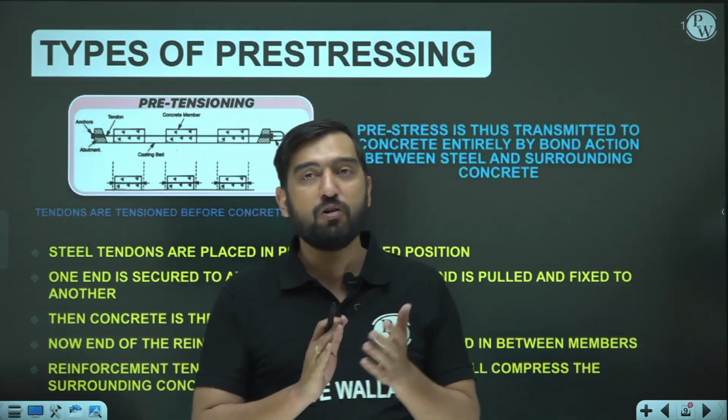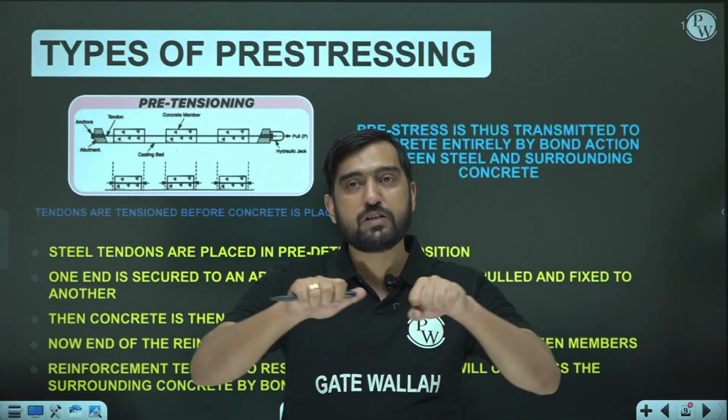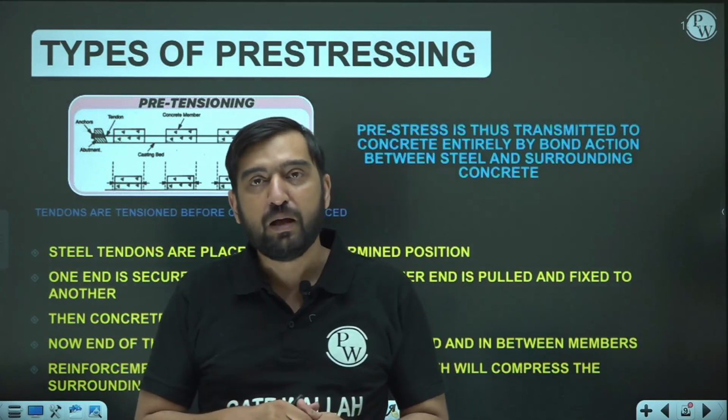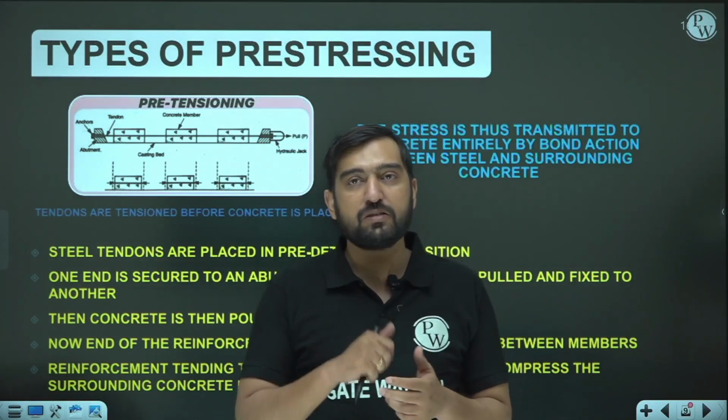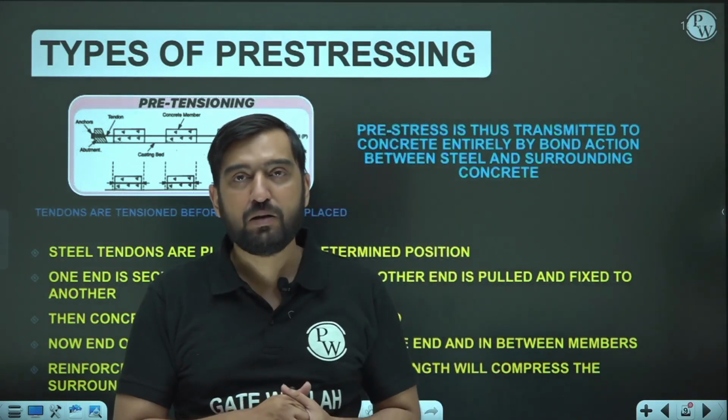It means that if the tensioning process has been done before the casting of concrete, after the stretching of wire, such sections are known as pre-tension pre-stress concrete sections. And similarly, if the tensioning process is done after the casting of concrete, then such sections are known as post-tension pre-stress concrete.